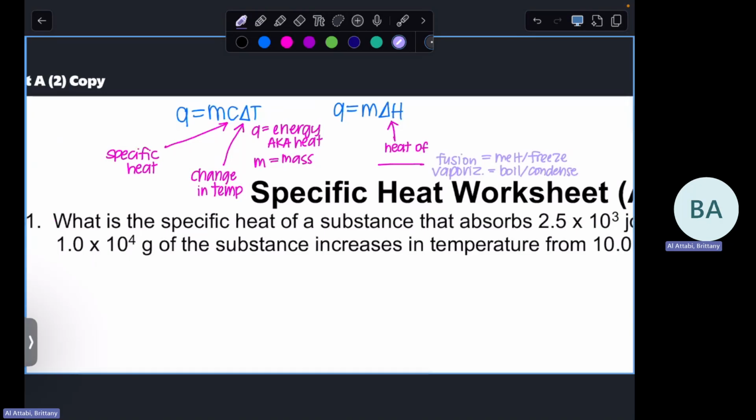What thing do we not have in that second formula that is present in the other one? What doesn't happen at a phase change? Do we remember the graph? Okay, no temperature change.